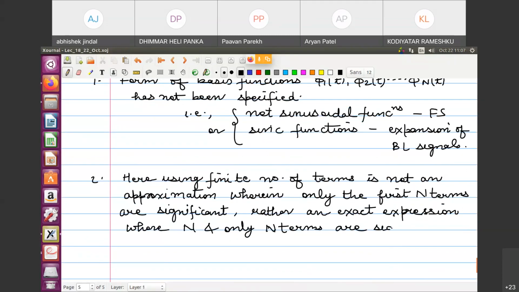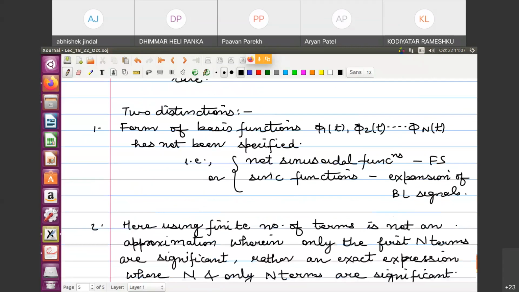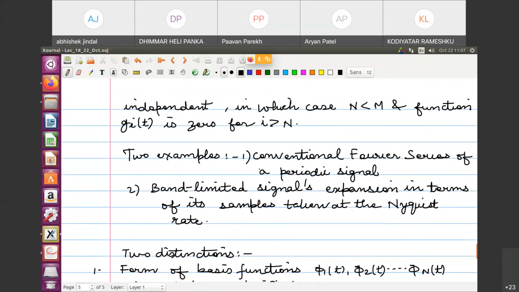Let me just clarify. Generally these two expansions, the conventional Fourier series expansion and the band limited signals expansion, have infinite terms. So in order to make them usable, you truncate the series up to some point, let us say capital N complex exponentials, and you create an approximation to the signal. The same happens for the band limited signals.